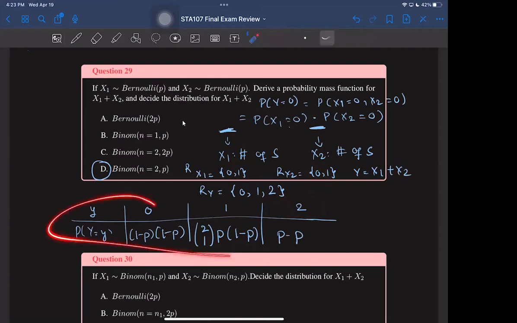And you will see that this PMF table is exactly the same as a binomial random variable with n equal to 2 and probability of success in each trial equal to p. Any question about this one?